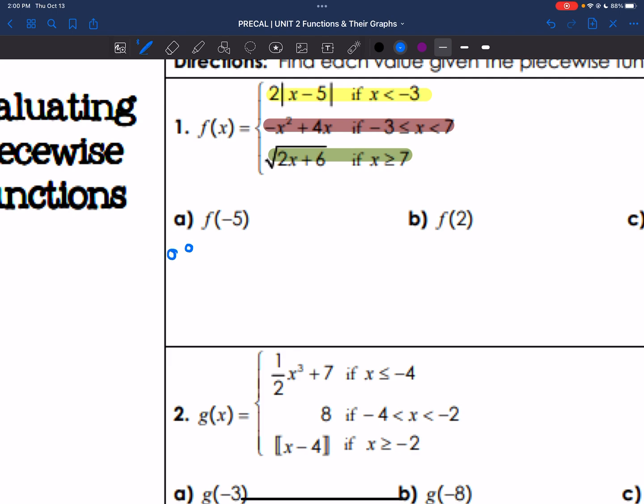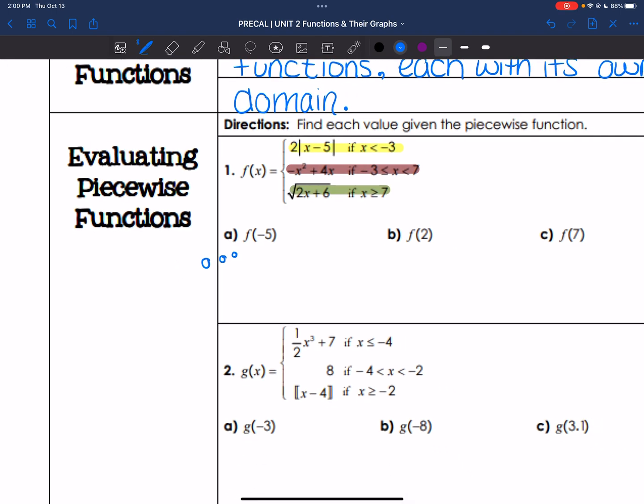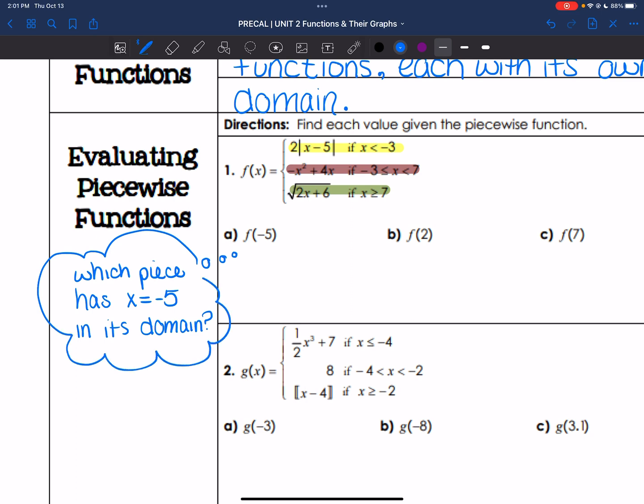Let's make a little note here and ask ourselves which piece has x equaling -5 in its domain. That's what we're curious about. And then we will use that piece of the function to evaluate it.